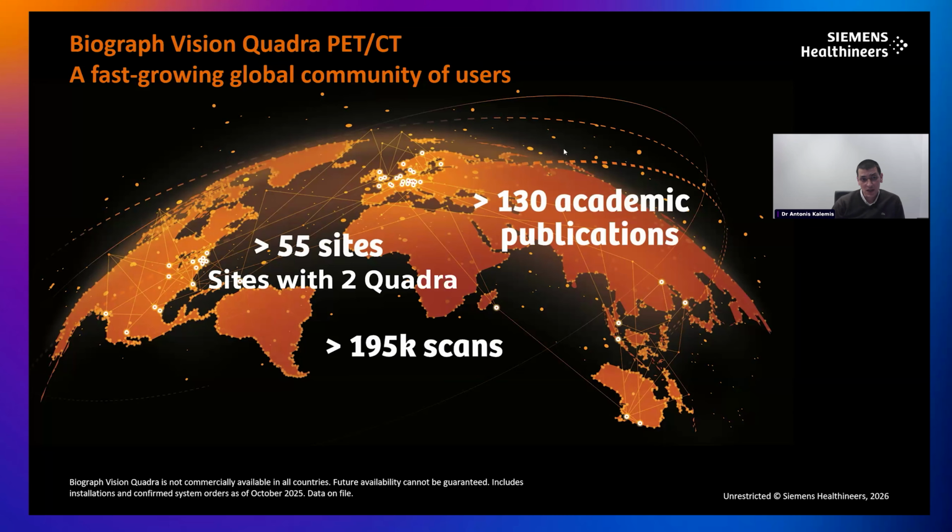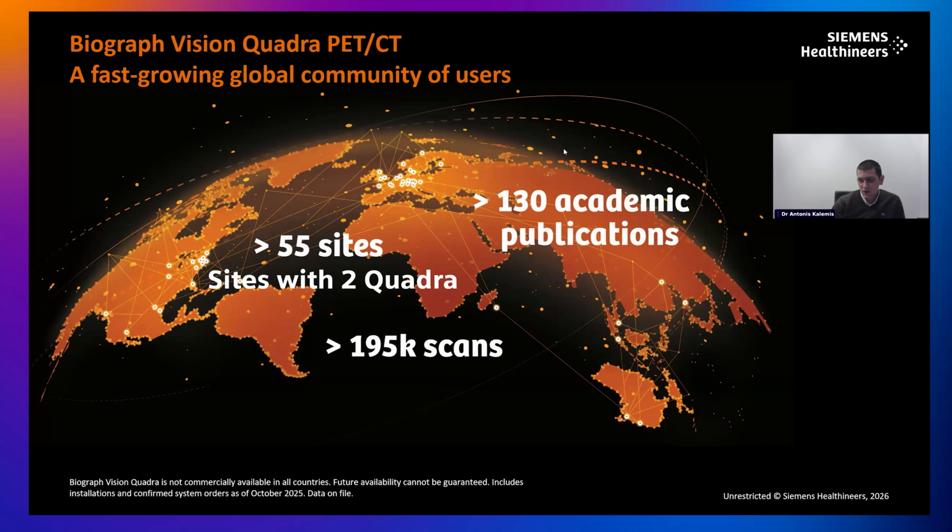United Imaging and now even GE also have additional, substantial numbers to add to these 55 sites that we have here. Simon said about 500,000 scans overall, if I remember correctly. 195,000 of those scans were definitely done on the Quadras.